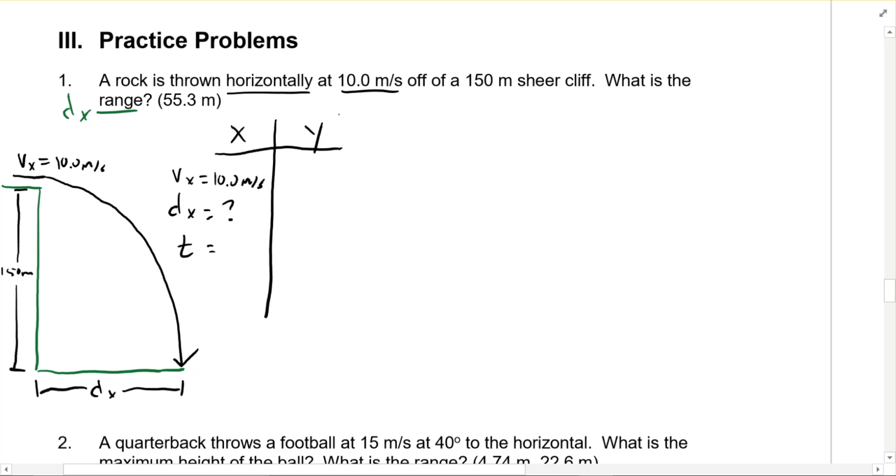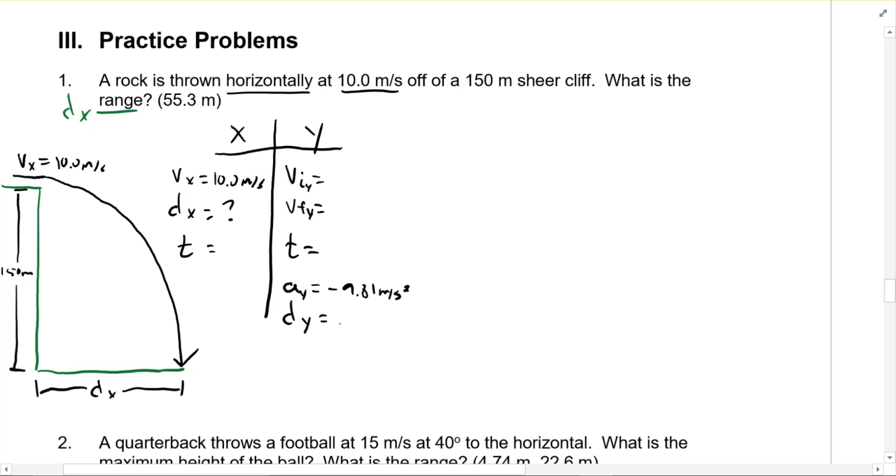So in the y direction here, I'm going to write down vi, vf, t, a, and dy. So do we know any of these things? Well, I know that the acceleration is negative 9.81 meters per second squared.